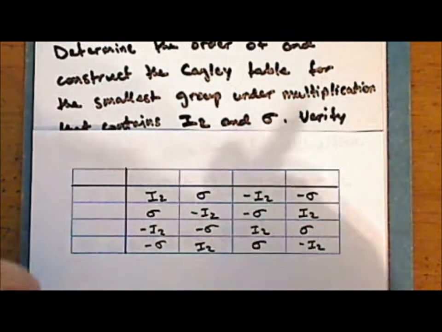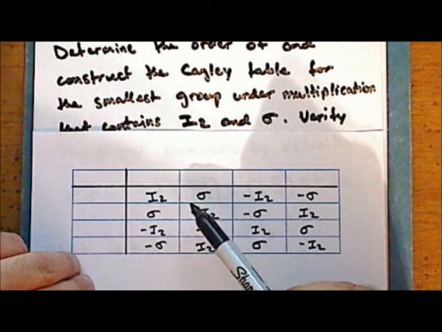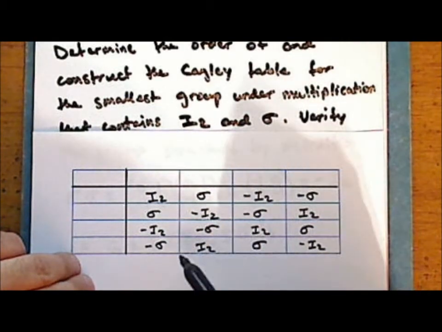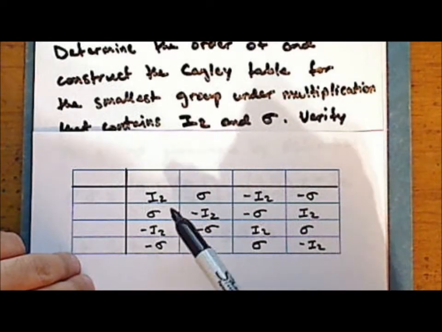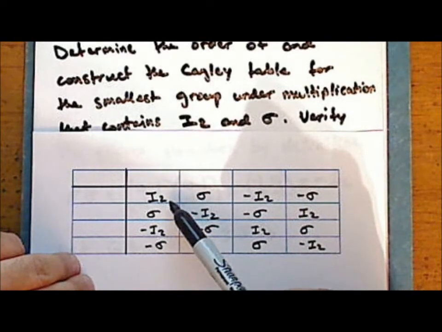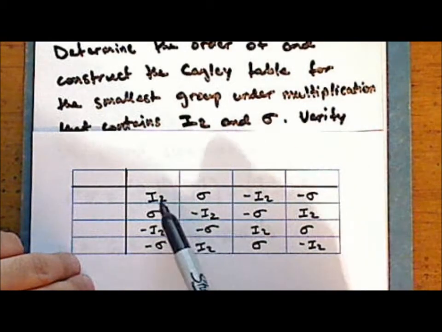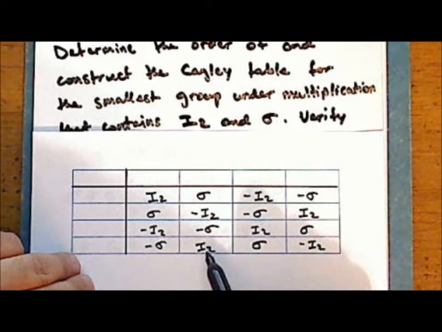So notice from the Cayley table that we do indeed have closure of the elements under multiplication. The set does contain an identity element, and each element has an inverse.